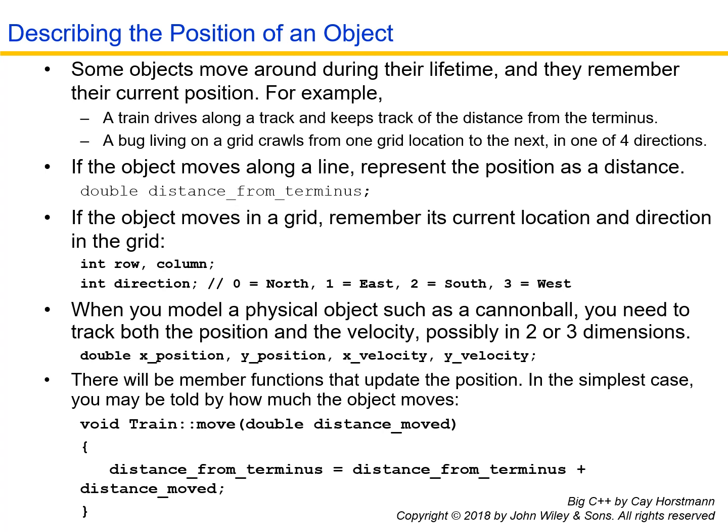A bug living on a grid might have an X and a Y position that it's keeping track of, or a row and a column on a chessboard maybe, or even a direction that it's pointing in currently. When you model a physical object such as a cannonball, you need to track the position and the velocity in 2 or 3 dimensions. So X position, Y position, X velocity, Y velocity.